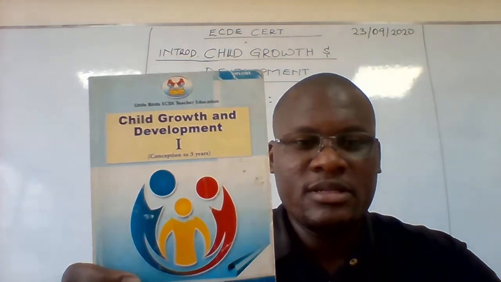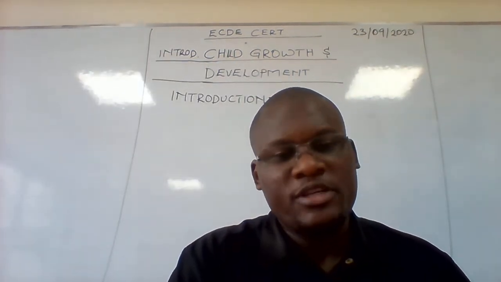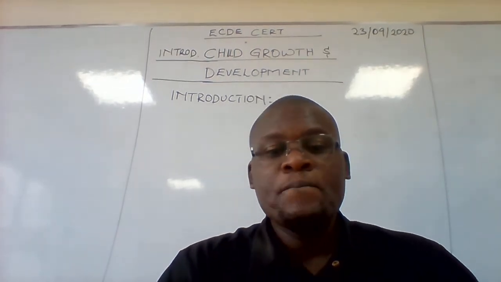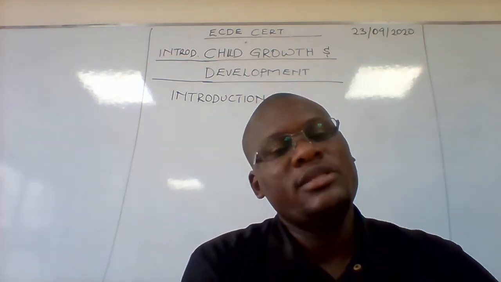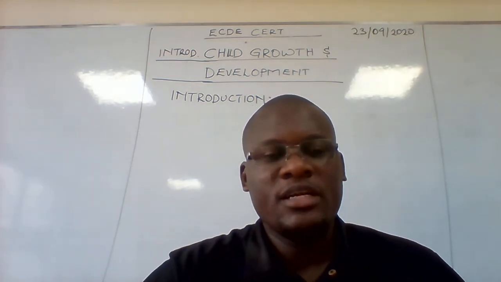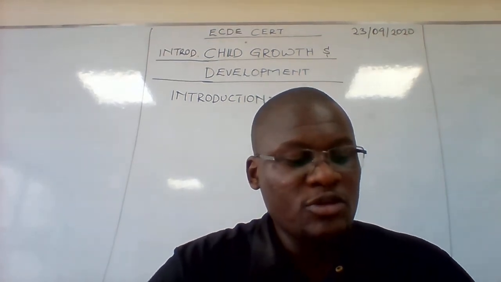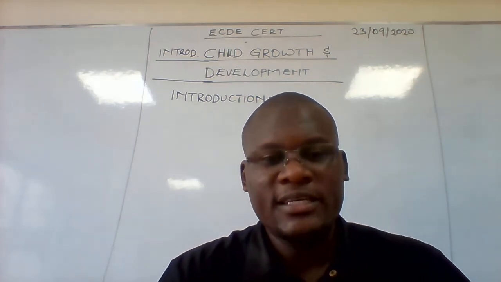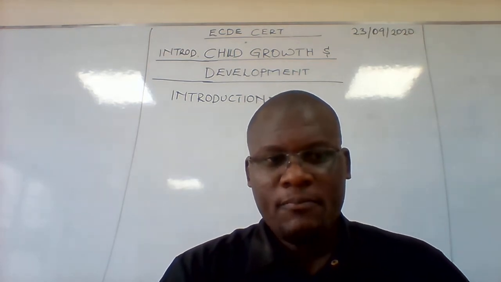This is the book that we'll be using, integrated with the one for certificate child growth and development. We'll be looking at both of them. They can aid you in your studies. Then we'll also look at child growth and development from conception to 3 years. That is for diploma 1.